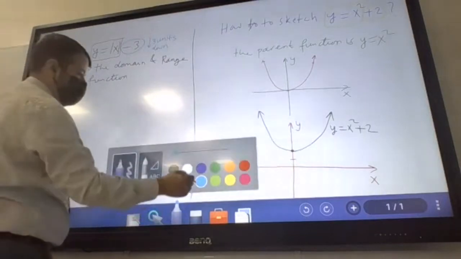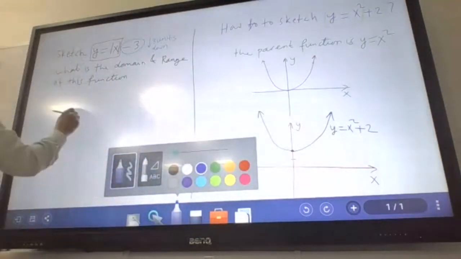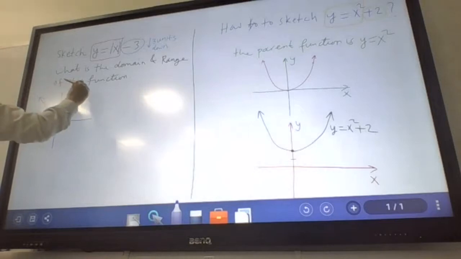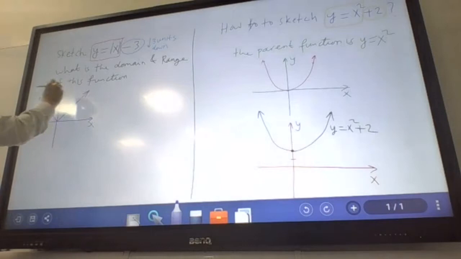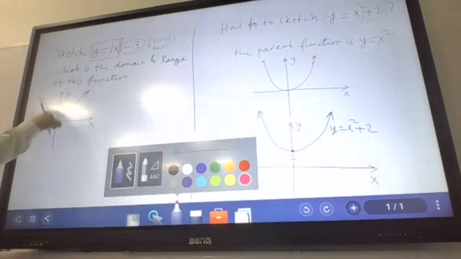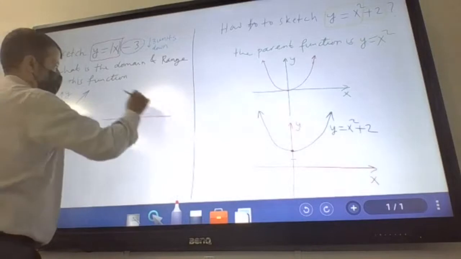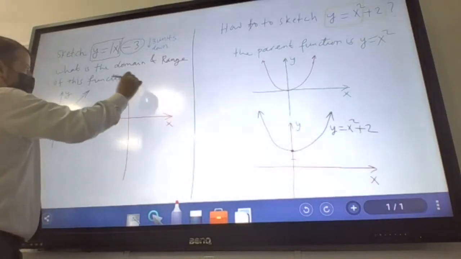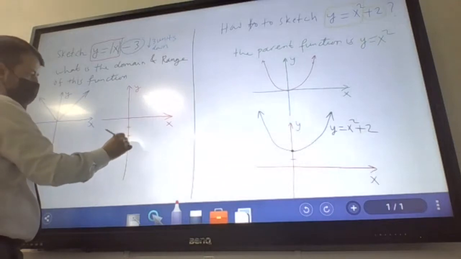So starting with absolute value of x, then shift the graph 3 units. So this is absolute value of x. And shift this function 3 units down, which means you have to pull the graph 3 units down. One, two, three.